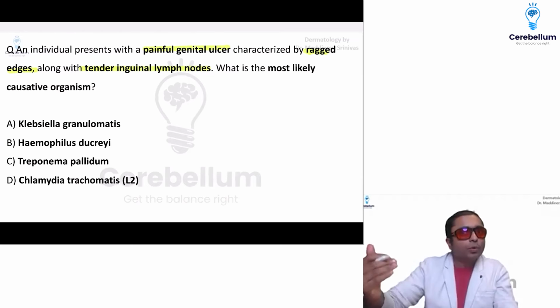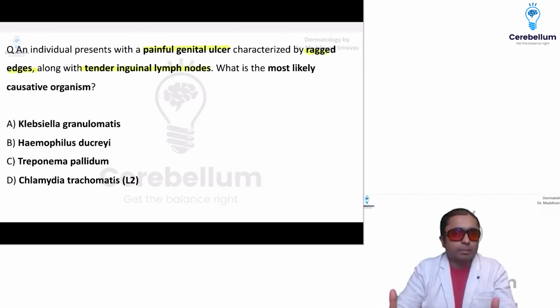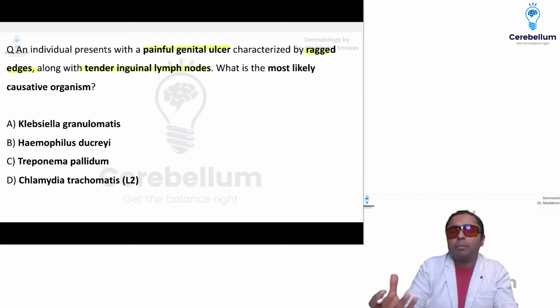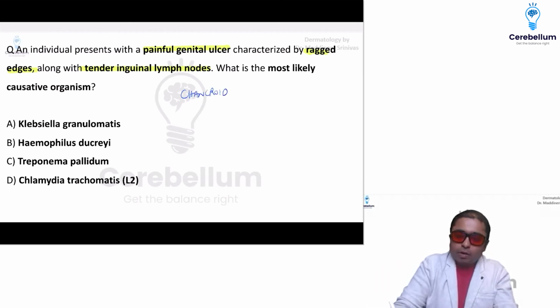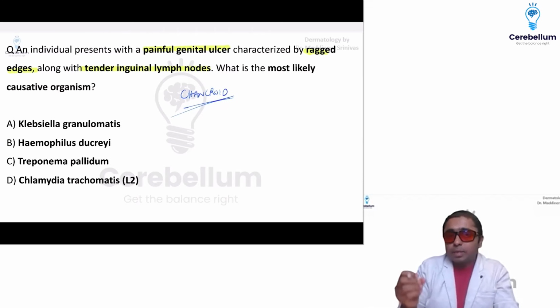The next level, you can mark what is the organism. I hope you remember from the classes. You have remembered the crying crow in the exam most likely. Okay, Chancroid. Why? Because both the ulcer as well as the lymphadenopathy are painful, right? So what is the causative organism? The crow is crying.